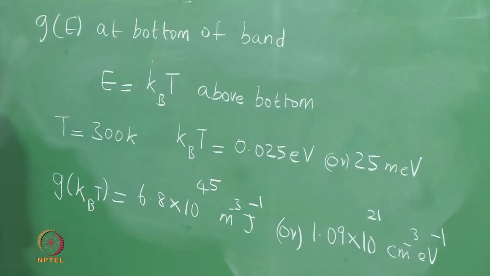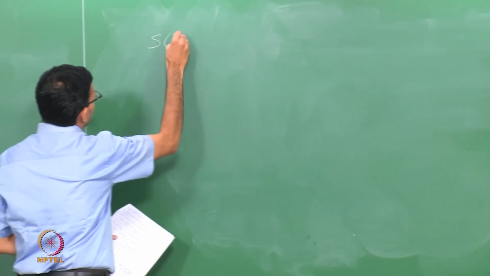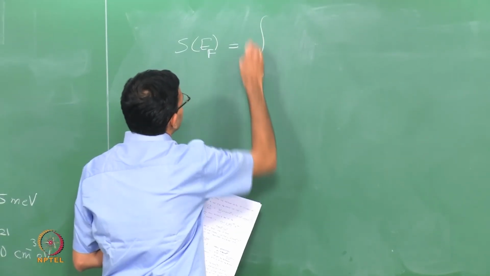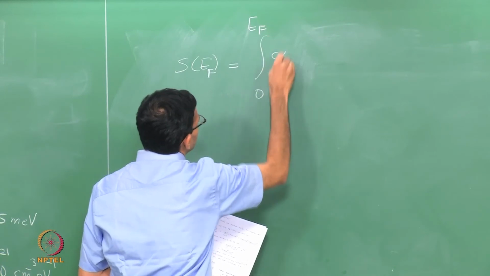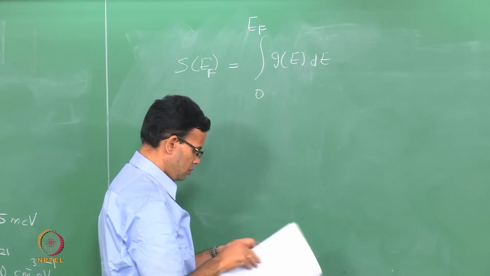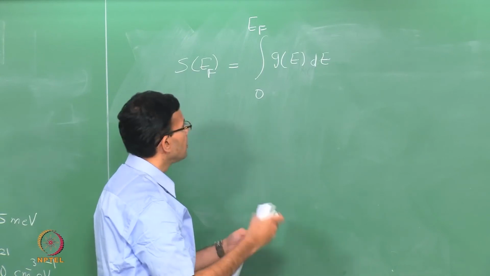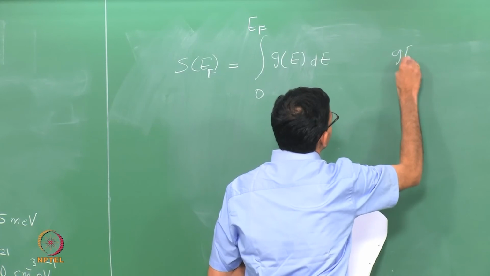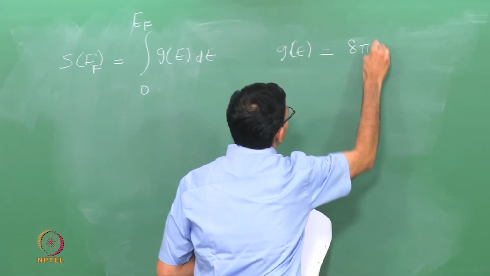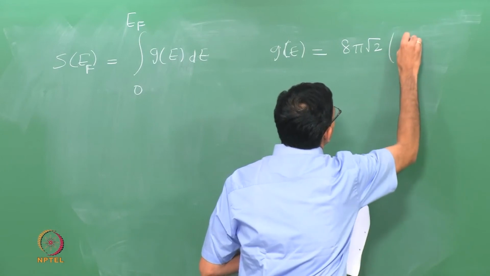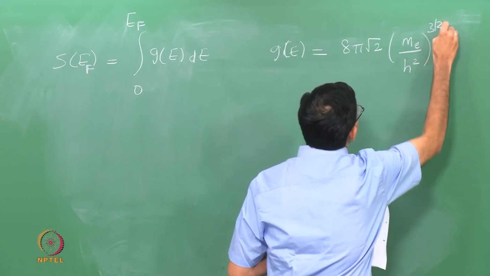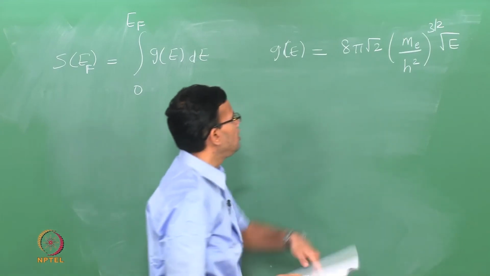To do that, the number of states from the bottom of the band to the top of the band is nothing but an integration of the density of states, so we will use the expression for G of E. All these terms are constant.